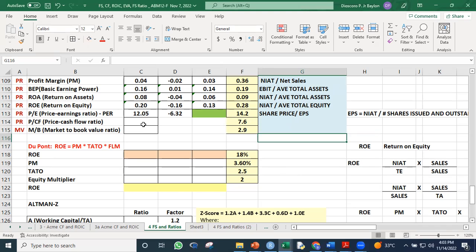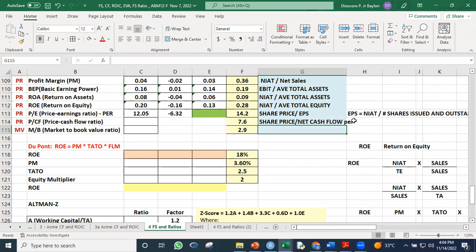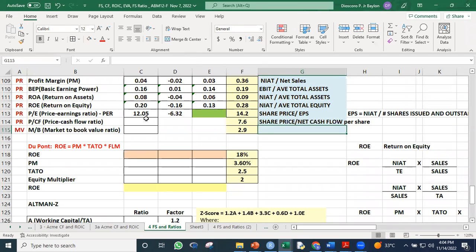All right, so ito na lang, class. Bigay ko lang yung formula nito. Price per net cash flow per share. So again, ito, share price din to, no? Okay, so didiretso ko na yung formula.